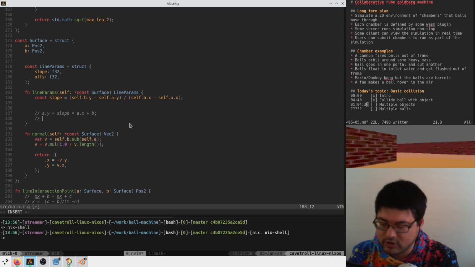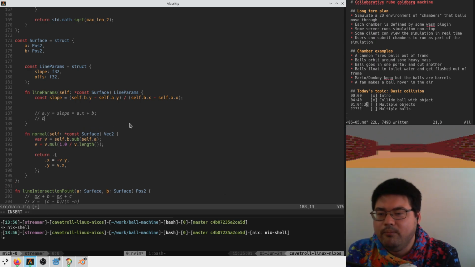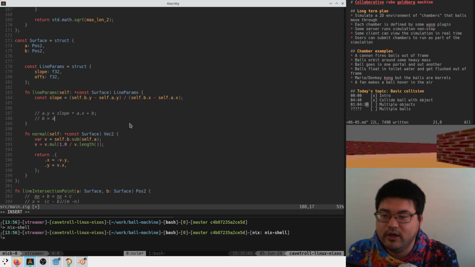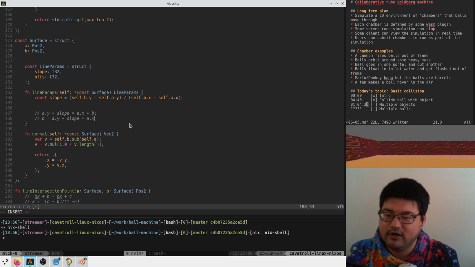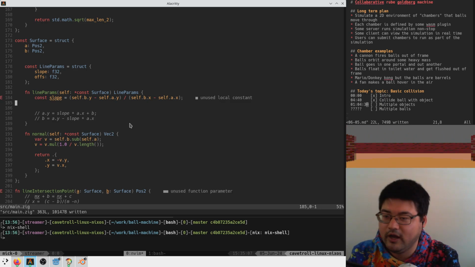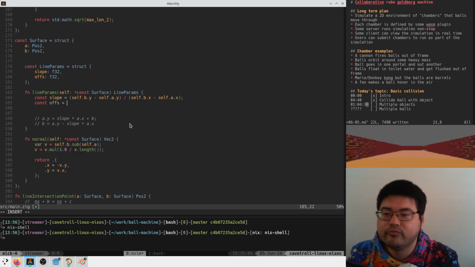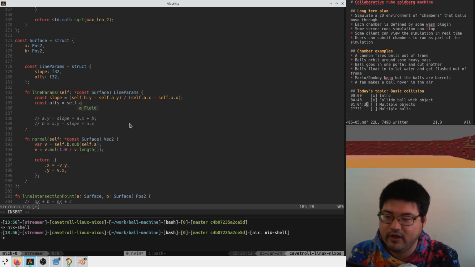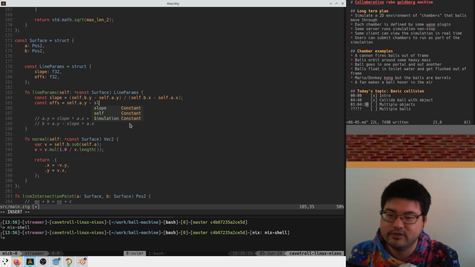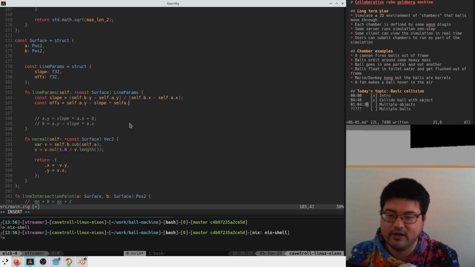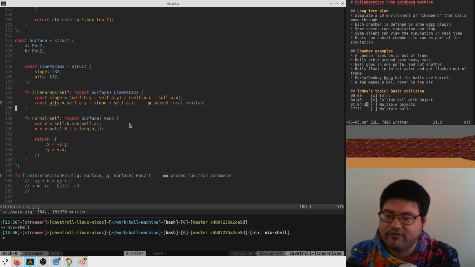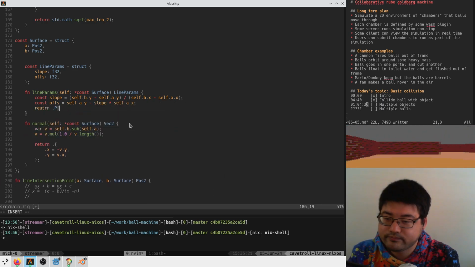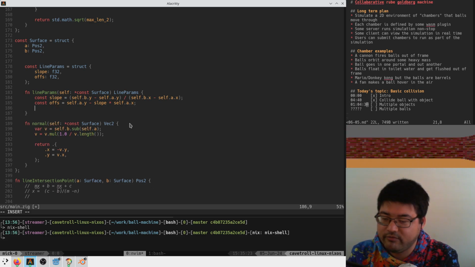So to go backwards, b is equal to a dot y minus slope times a dot x. Self a y minus slope times self a x. Good enough.